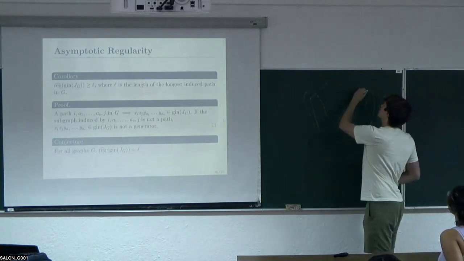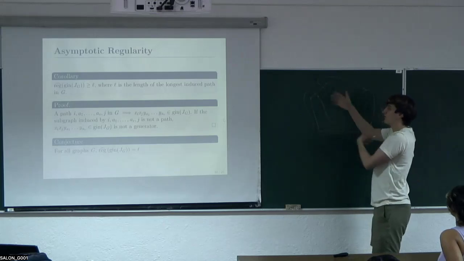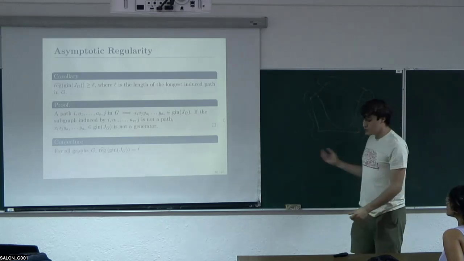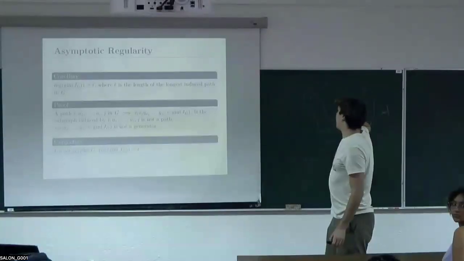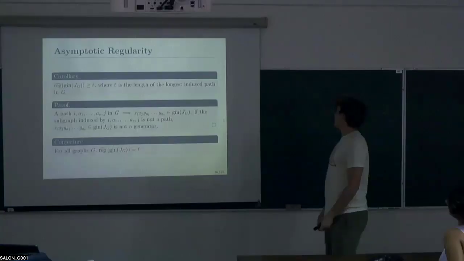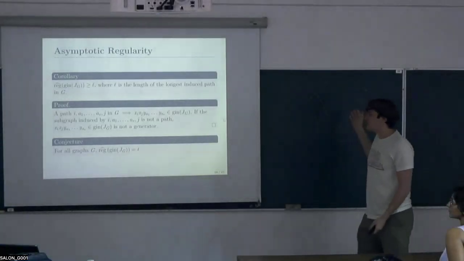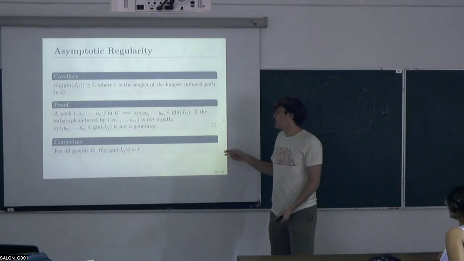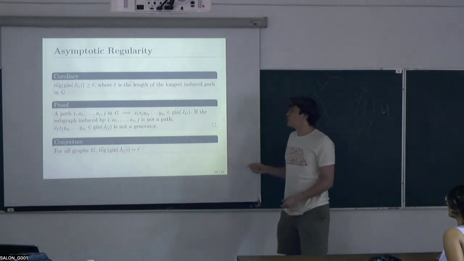But if I include this 5th vertex, the induced graph is no longer a path graph, it's a cycle graph. So in general, for cycles the length of the longest induced path is 1 less than the number of vertices. And our conjecture is that for all graphs, the regularity of gin of JG is equal to L.